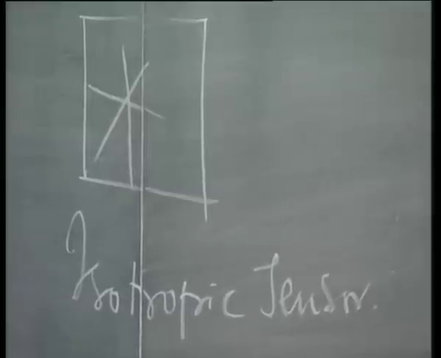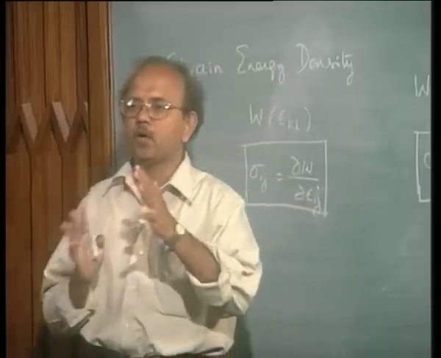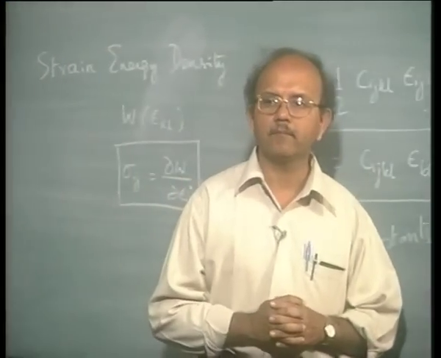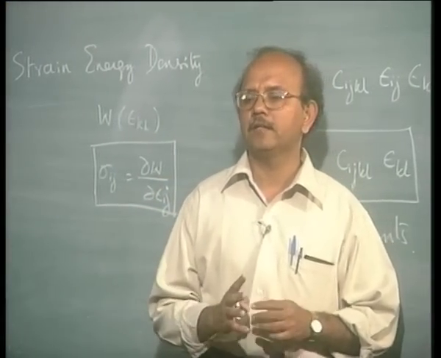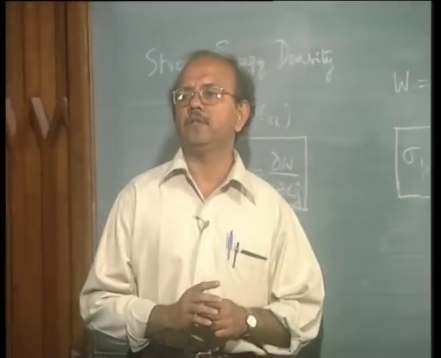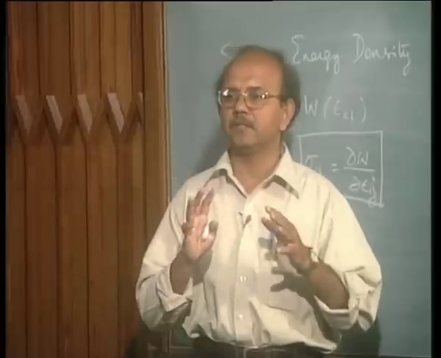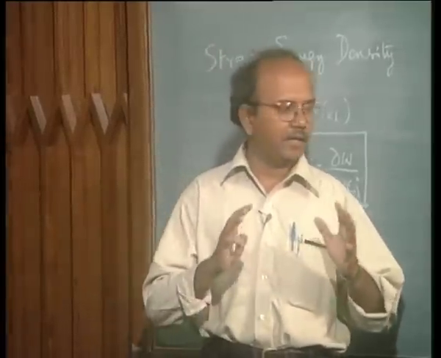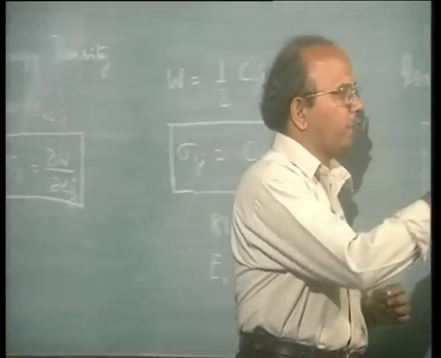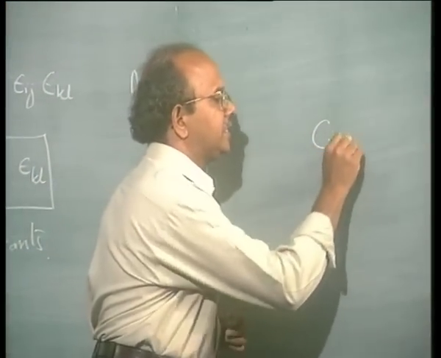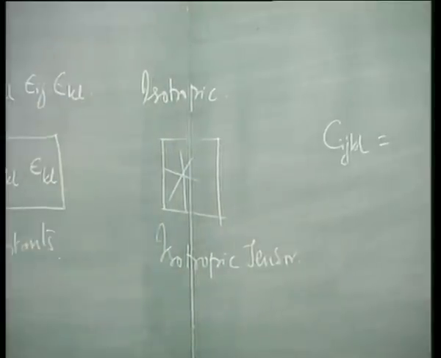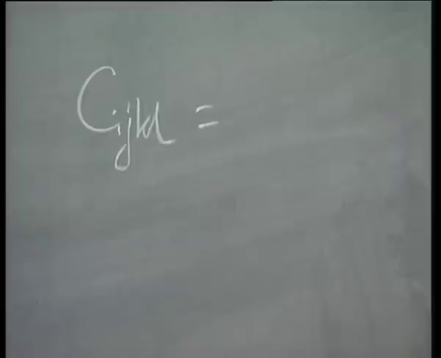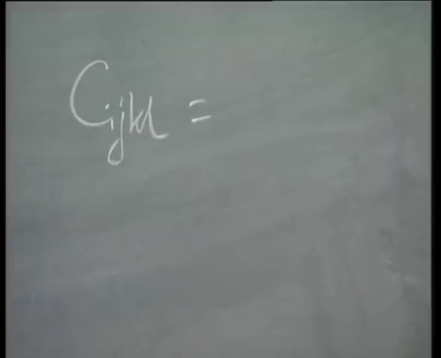Fortunately for us, there is a lot of mathematical effort to define an isotropic tensor. In fact, a person called Jeffreys in 1973 found out that an isotropic tensor of the 4th order, say C_ijkl, can be written with the help of 3 constants only.